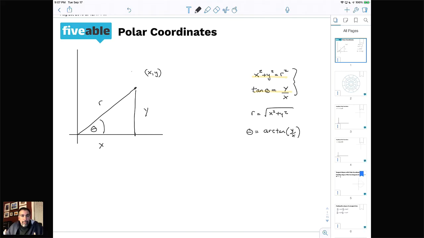What if it's the other way around? What if they give us r and theta, and we want to find x? So if you go over to our triangle on this one, if we have r, and we have x, and we have theta, and you look at those three things in the triangle, really what they're telling us is we've got an angle, we've got an adjacent side, and we've got a hypotenuse.